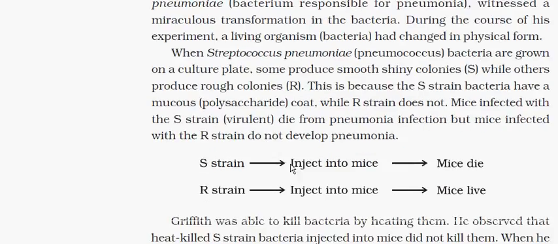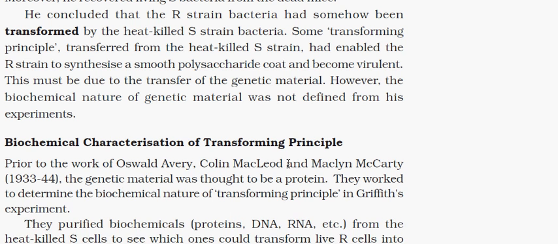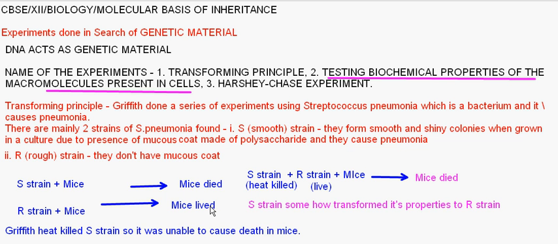They isolated purified forms of macromolecules present in the cells of both R strain and S strain. They isolated proteins, DNA and RNA. Actually, they did an experiment related to the transforming principle experiment done by Griffith.